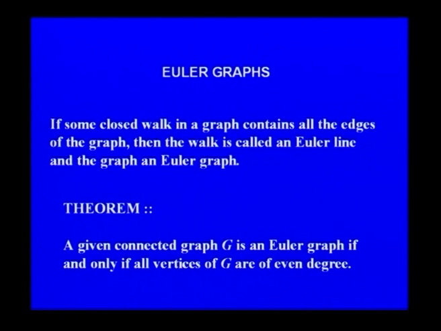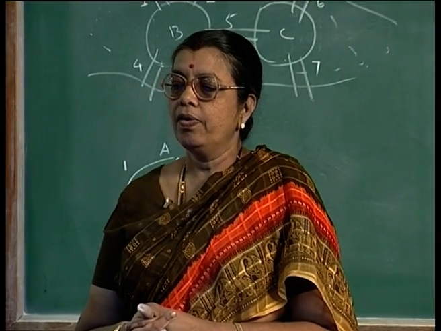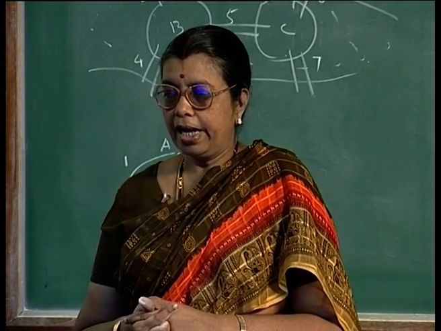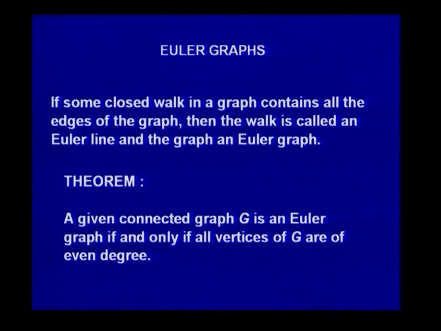A given connected graph G is an Euler graph if and only if all the vertices of G are of even degree. So, this tells you how to test whether a given graph is an Euler graph or not.